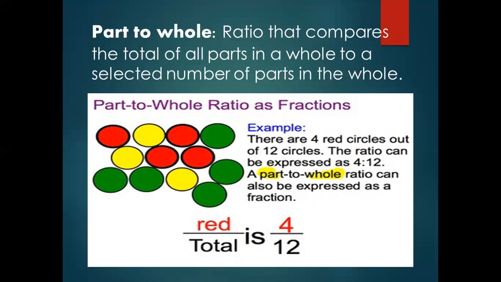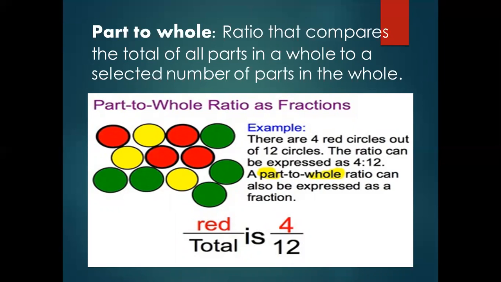If we are interested in finding the ratio of red circles with the whole, then this will be equal to what? 4 by 12, right? As you can see, this is not in the simplest form. Then this whole fraction can be divided by 4. We will get 1:3, right?